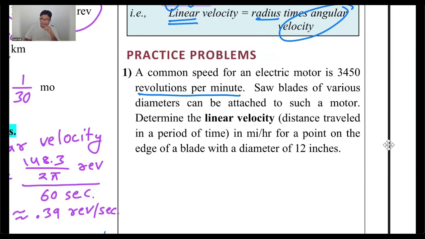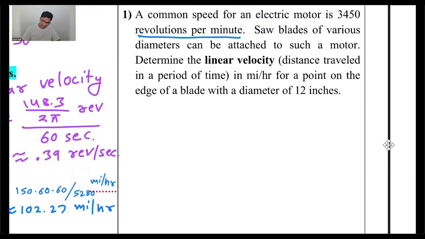Saw blades of various diameters can be attached to such a motor. Like the lawnmower we have, let's say it has an electric motor that has that speed, and you can attach blades to it. Determine the linear velocity, distance traveled per unit time in miles per hour for a point on the edge of a blade with diameter 12 inches.